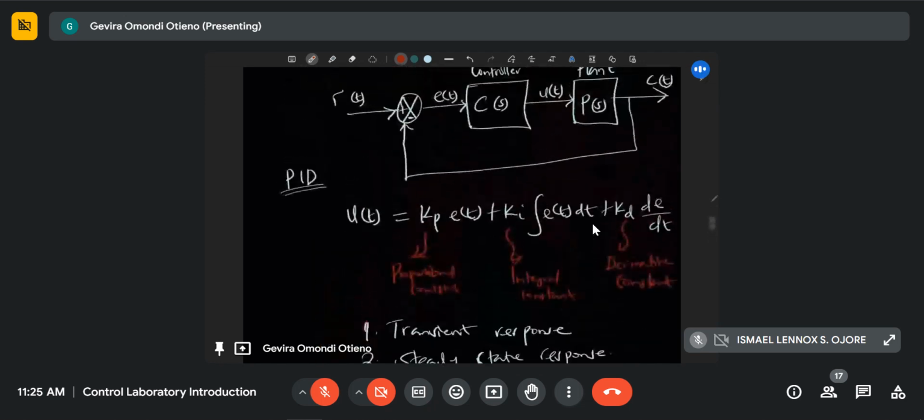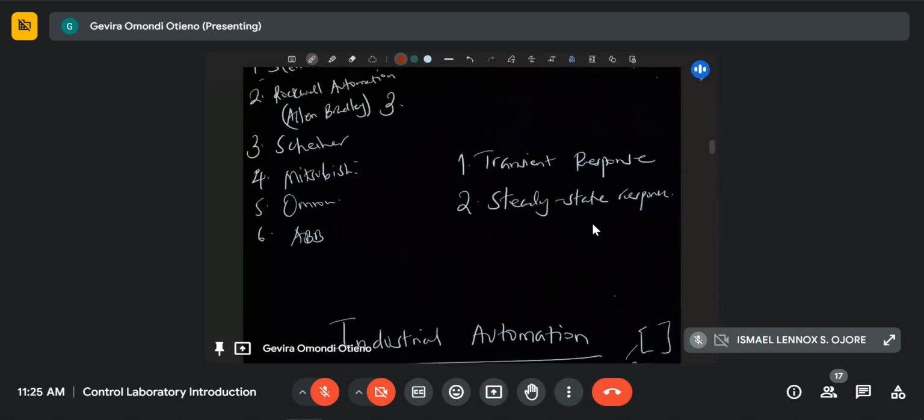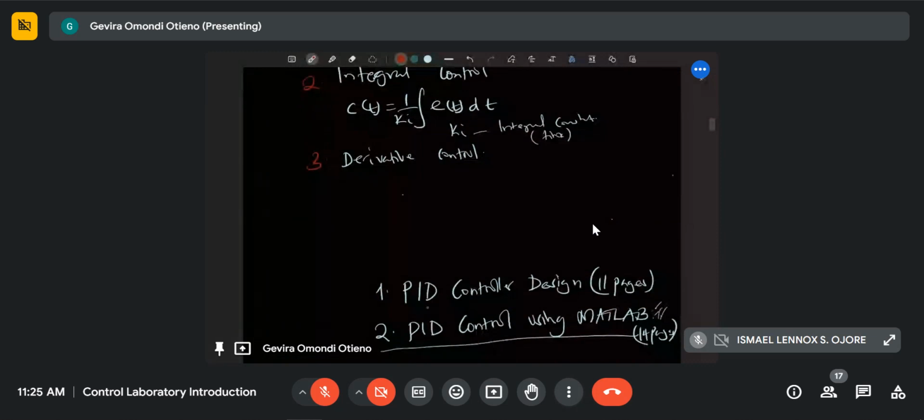So in your labs, there are two experiments for this. I thought I had them somewhere here. Yes, there is the PID controller design and the PID control using MATLAB.